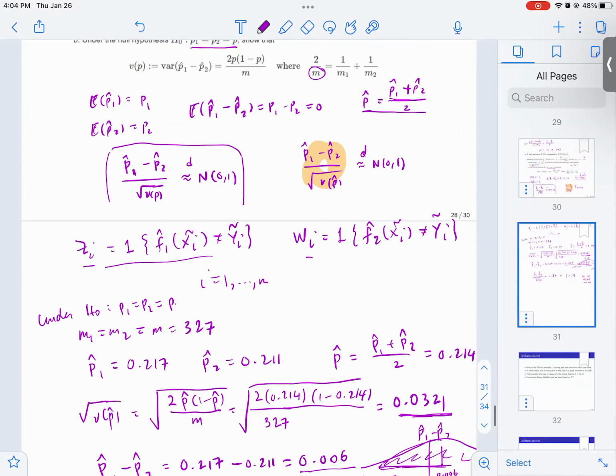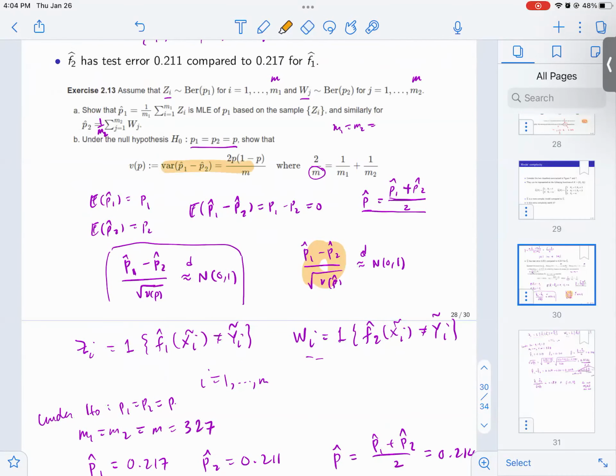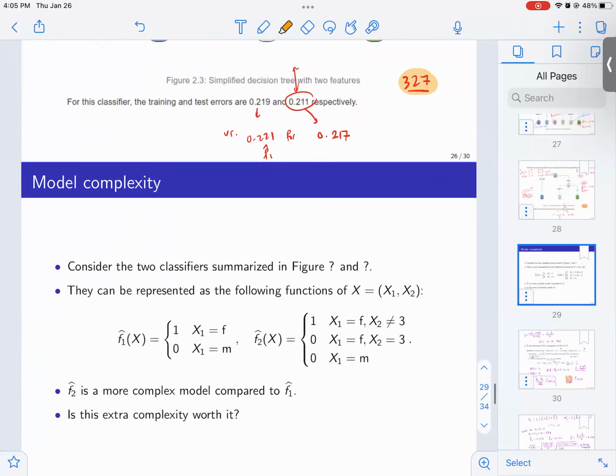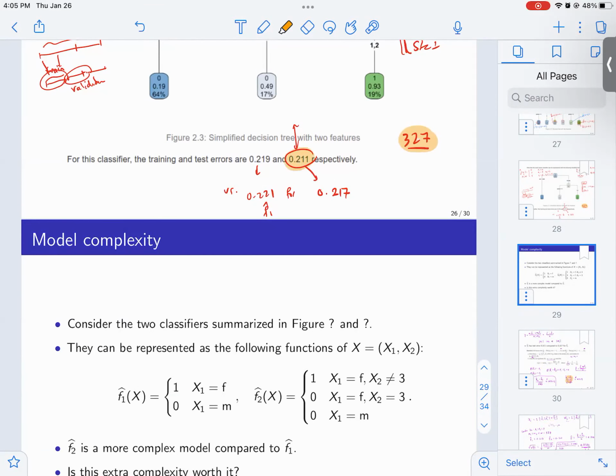I'll probably assign this variance calculation as a homework problem. It's good for you to do. It assumes that the two samples are independent. This is going to be a good approximation if we used two independent samples to calculate the test errors. If you really want this to be more precise, split your test set into two pieces, testing one classifier on one and the other on the other.